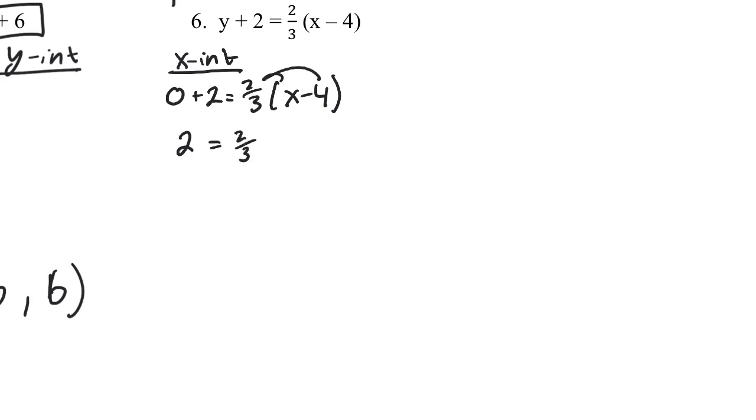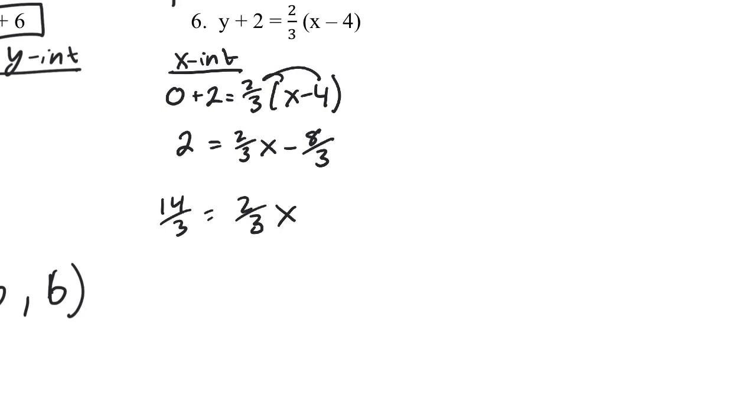We'll have 2/3 x minus 8/3. This one we're going to get some more interesting fractions to work with. So I'm going to add 8/3 to both sides. That gets me 14/3 equals 2/3 x.